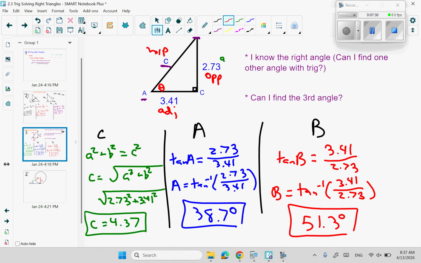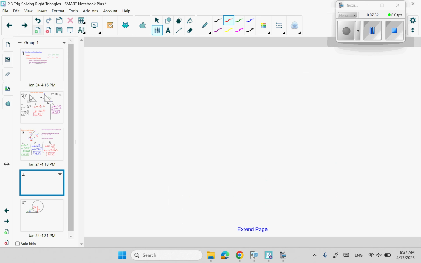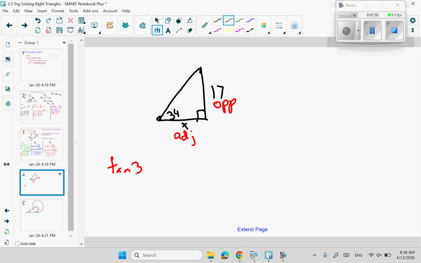One thing that might come up that we didn't really discuss here is, let's say I have a triangle such that it's 34 and we have 17 and x. Well, x is my adjacent and 17 is my opposite. So I would do tangent of 34 equals opposite over my adjacent.